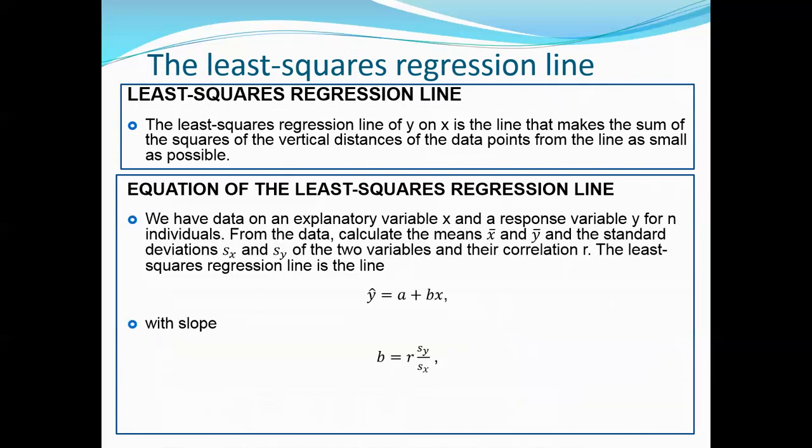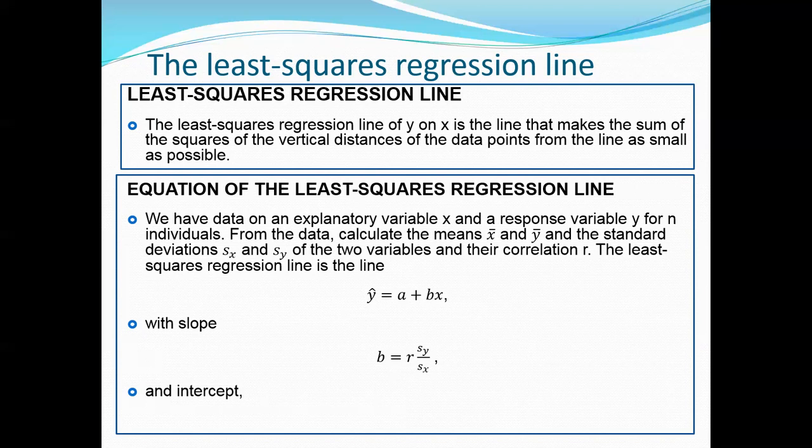We have data on an explanatory variable x and a response variable y for n individuals. From the data, calculate the mean x bar and the mean y bar, the standard deviations s sub x and s sub y of the two variables, and their correlation r.